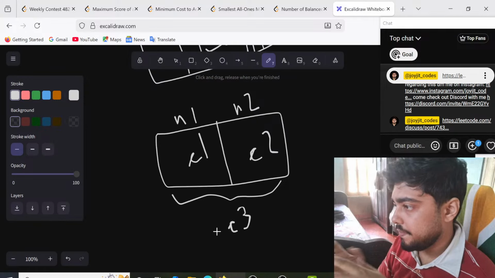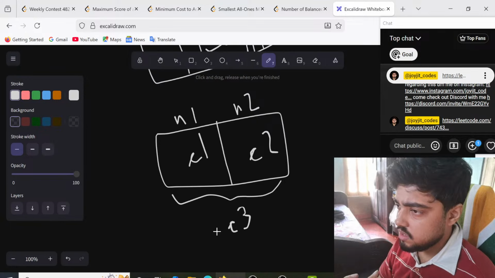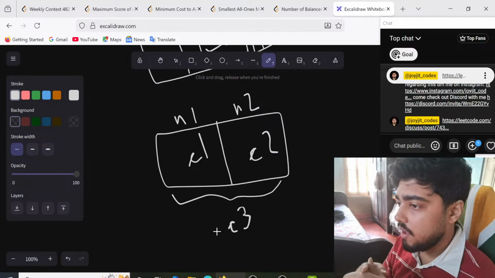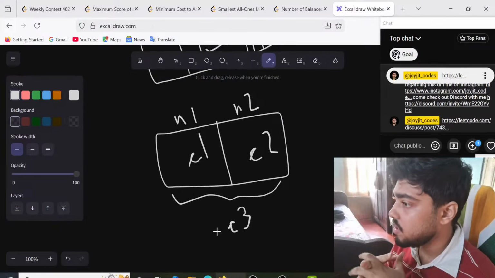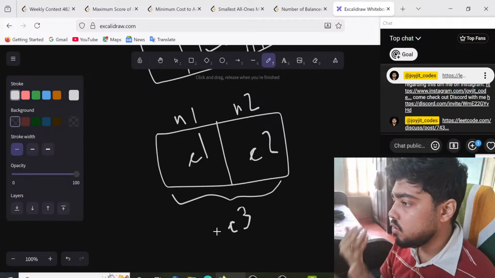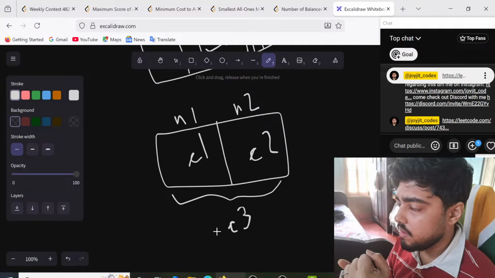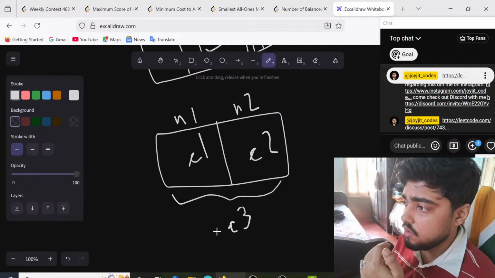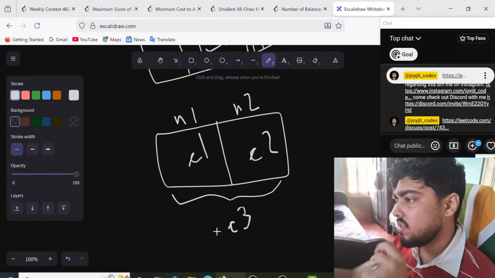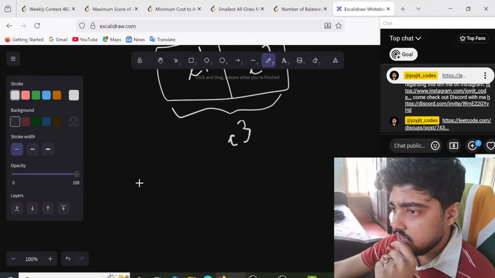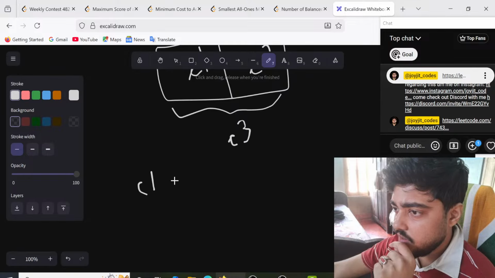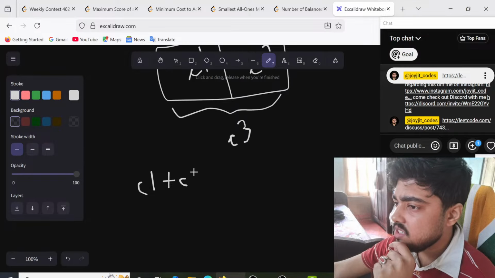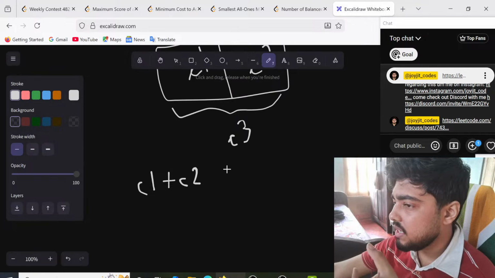Okay. There are various ways to do this. You can also check that if C3 is greater than cost 1 plus cost 2, then you don't use only C3. And if it is not so, then you have to use C3 no matter what. You can put a check on C1 plus C2. But since there are only 4 possibilities, you don't need to do this only.